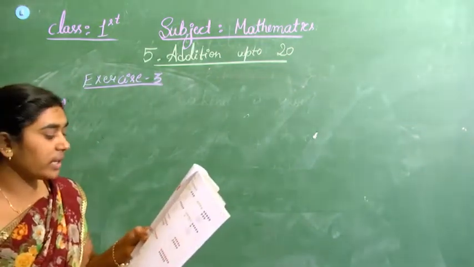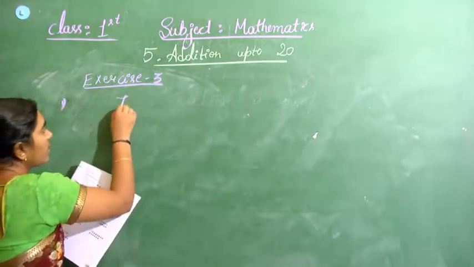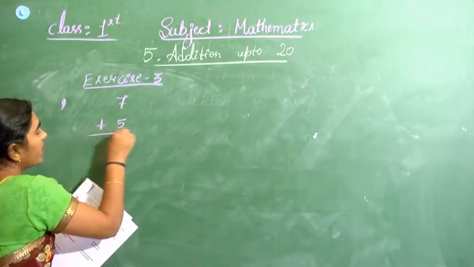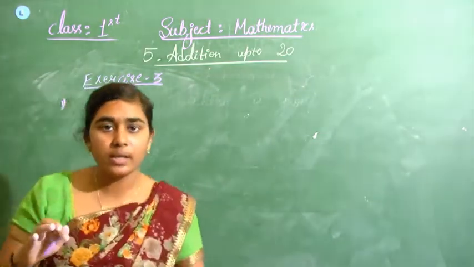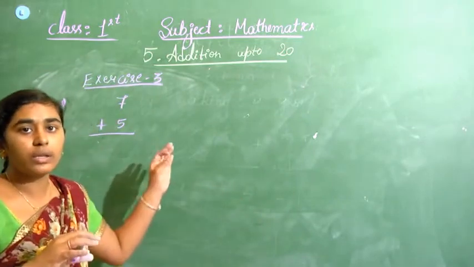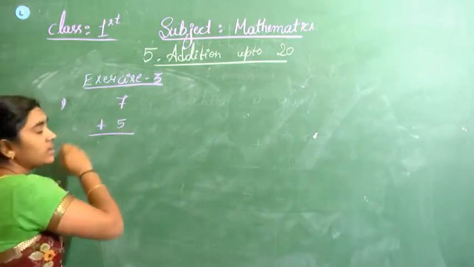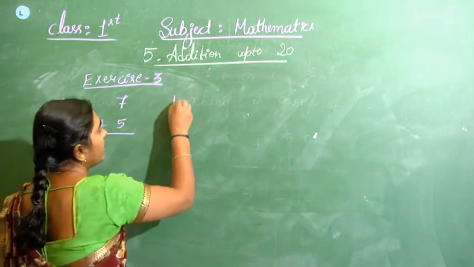First one, in vertical addition they are saying 7 plus 5. Here also by yourself you need to draw lines or circles. Instead of circles I will go with straight lines.